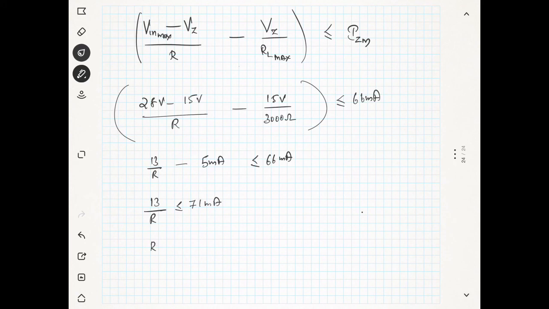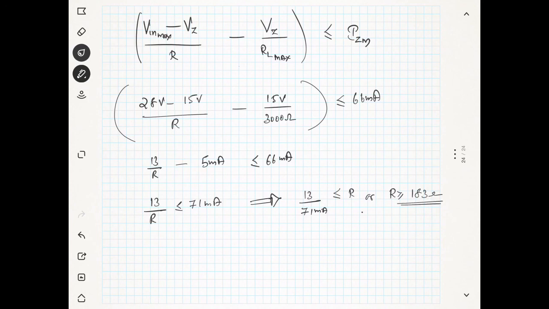This implies that R should be greater than or equal to 13 over 71 milliampere. You will get it as 183 ohms.